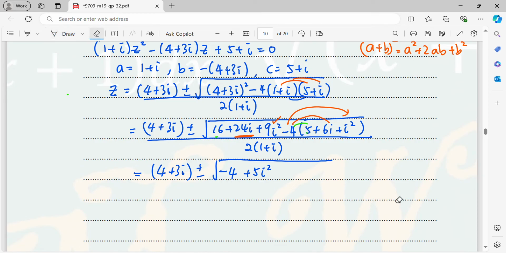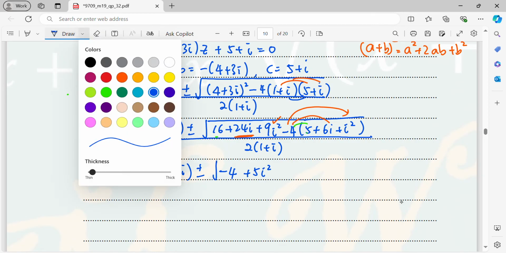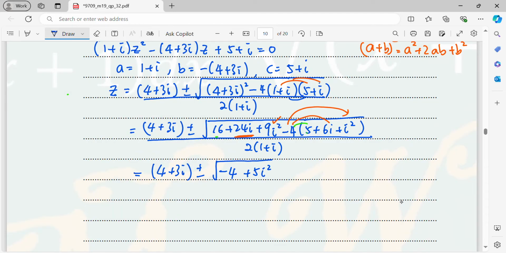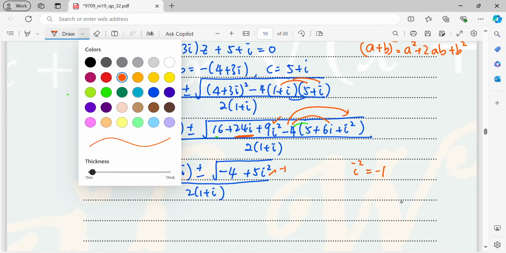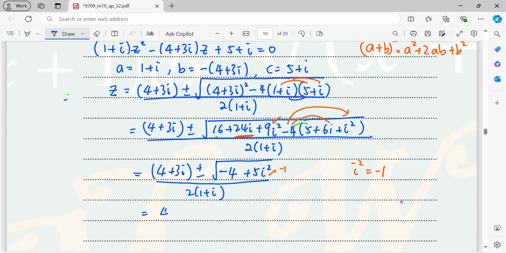Okay, so now here I will be getting these two terms and rewrite the denominator. Now we know that i squared is basically minus 1. So if I replace this i squared by minus 1, that means you are getting minus 4 plus minus 5. That is minus 9. Then I will be getting 4 plus 3i plus minus square root of minus 9, then over 2 times (1 plus i).